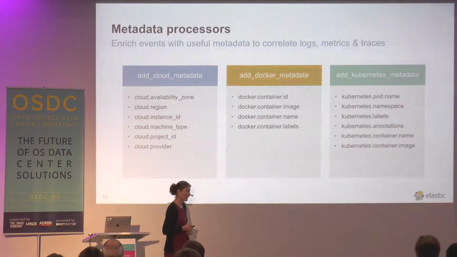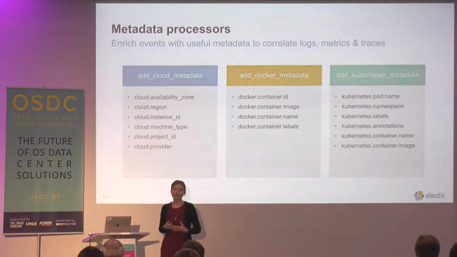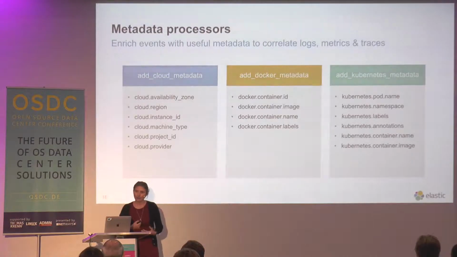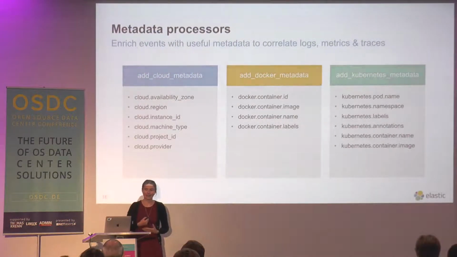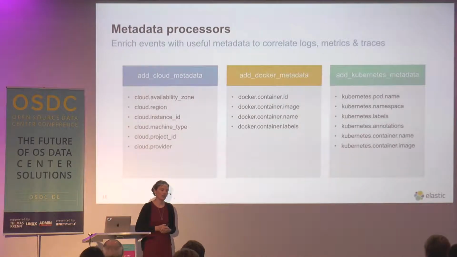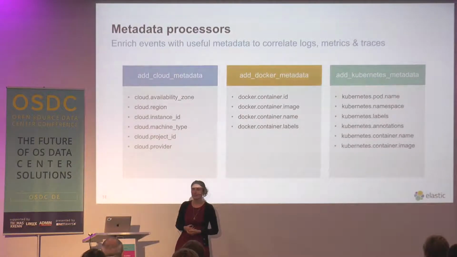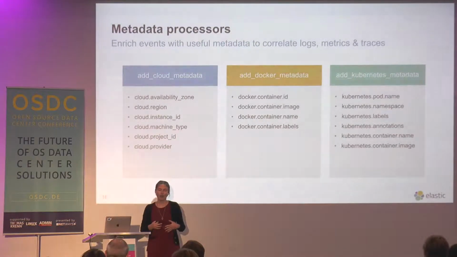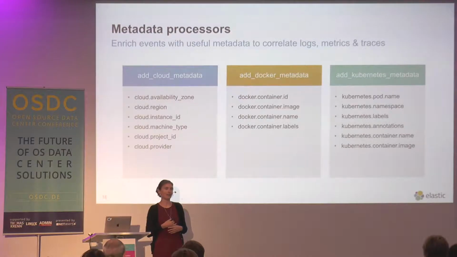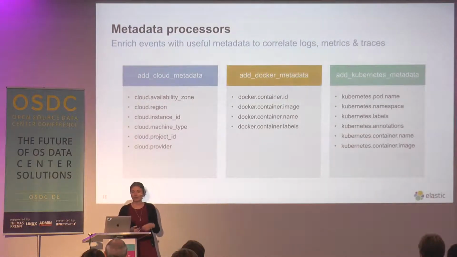In such a dynamic infrastructure, it's important to know where these logs are coming from. For that, we can make use of metadata, and in Beats we have a series of metadata processors. We have add_cloud_metadata, which enriches all the events collected with Beats with cloud metadata, like availability zone, region, provider, and so on.